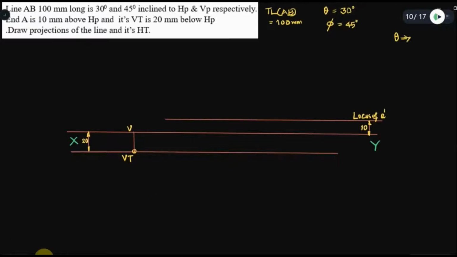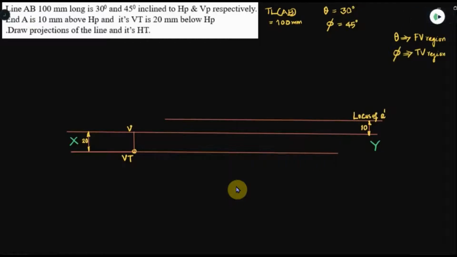So we will mark theta in the front view region and angle phi in the top view region. Since end A is 10 mm above HP, you will assume that the point is in the first quadrant, and then we will proceed accordingly.